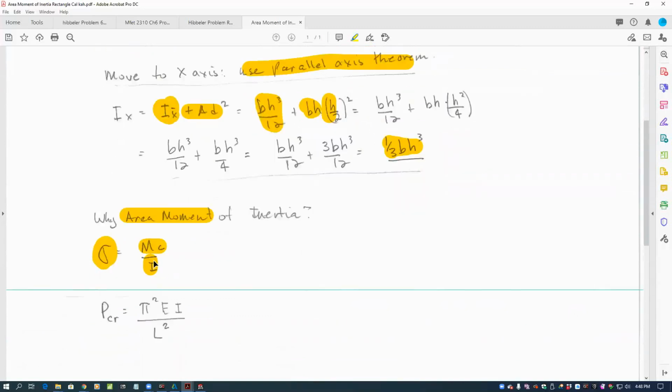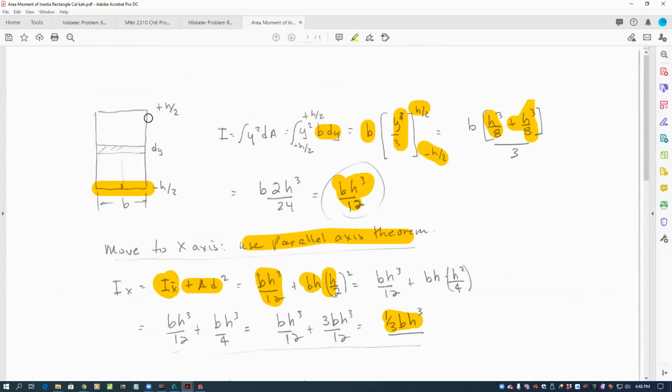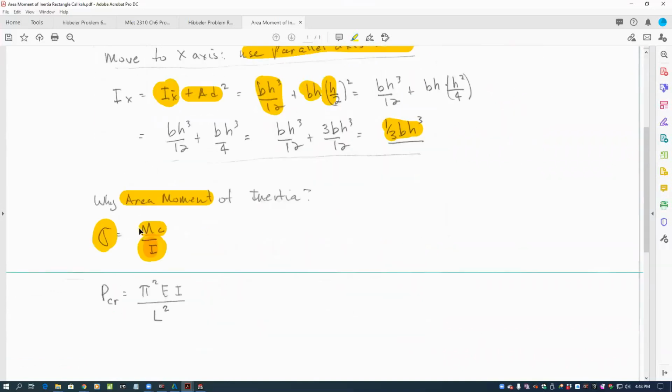But if we look at it in terms of its use, we can think of area moment of inertia as a magnitude or a value of a cross-section of an area that will resist flexure stress or bending stress. Another common use that we'll use later on is in the calculation of critical buckling load.